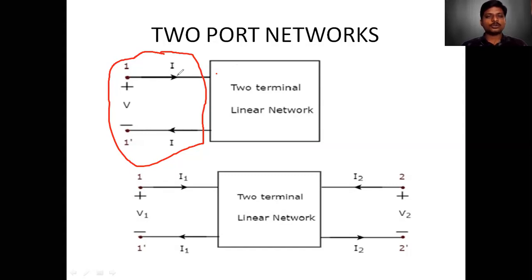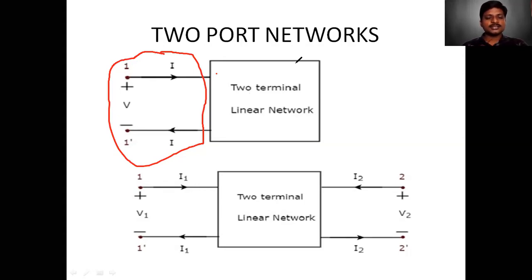The amount of current entering the network will be the same as when it is leaving the network, and for now we don't know what will be in the network. Just consider it as a black box, where you don't know what network is present inside the box. But looking from outside, there is some voltage applied across the network and a current flowing through the network.